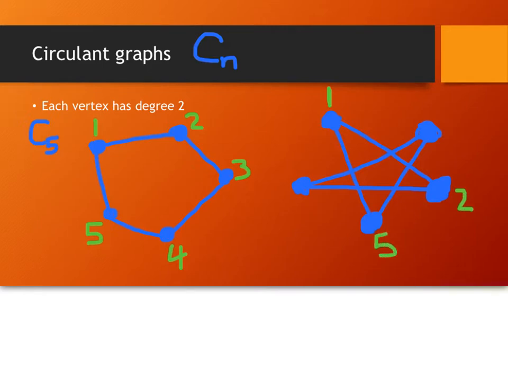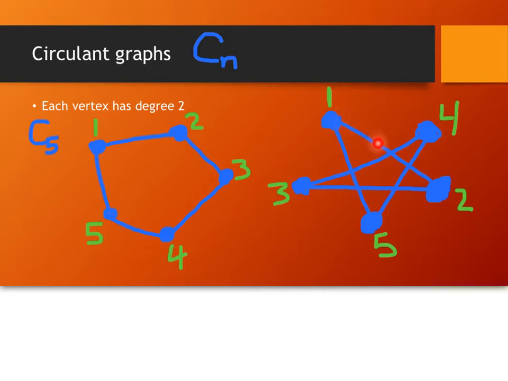Vertex 5 is connected to vertex 4, so this would have to be a 4. 2 is connected to 3, and 3 is connected to 4. So technically, these 2 graphs are the same, just the one on the right is a different look than the one on the left.